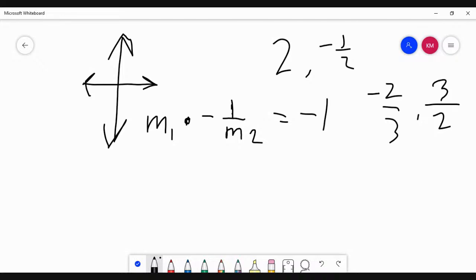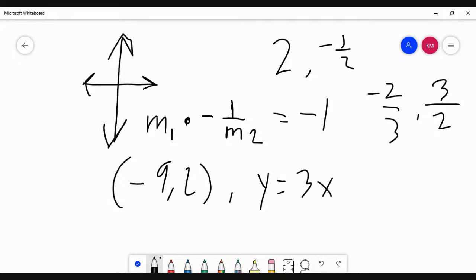So now, how can we do perpendicular lines? Here's a good one. The point is (-9, 2) and the line given is y equals 3x minus 12.